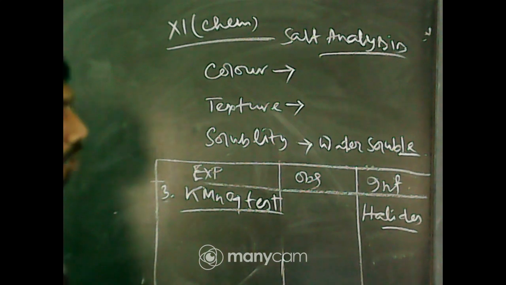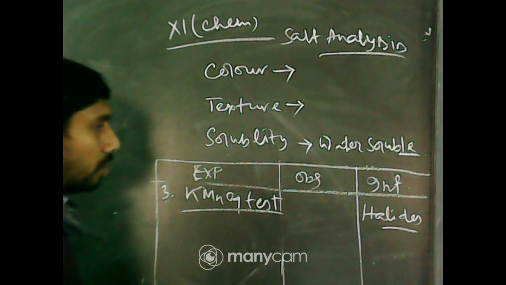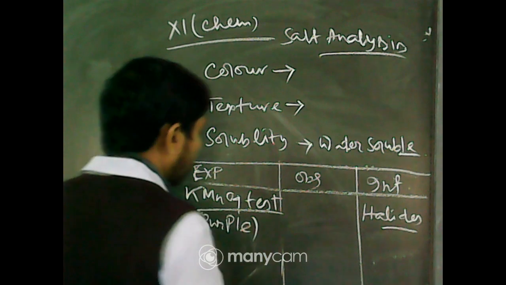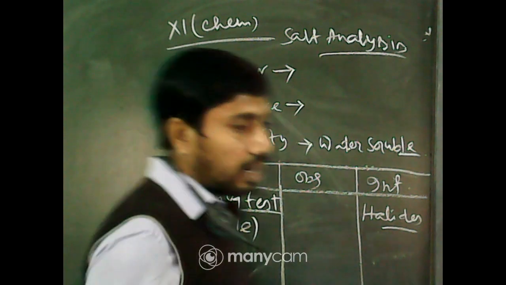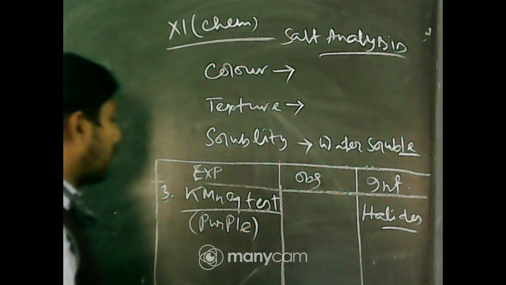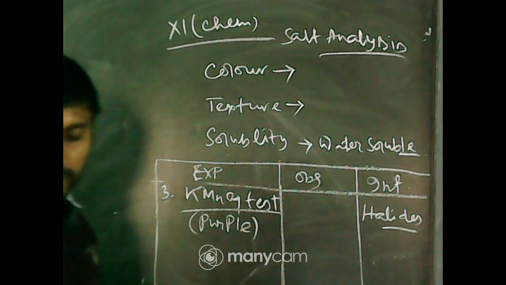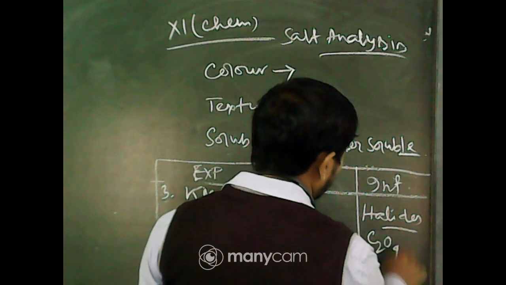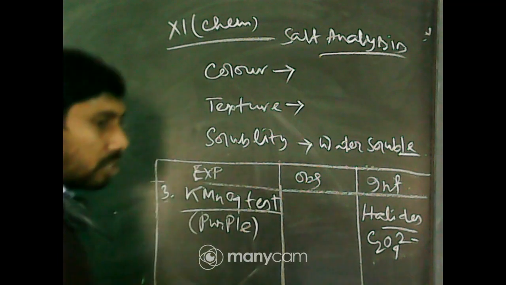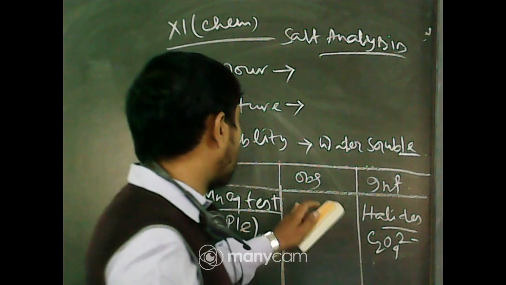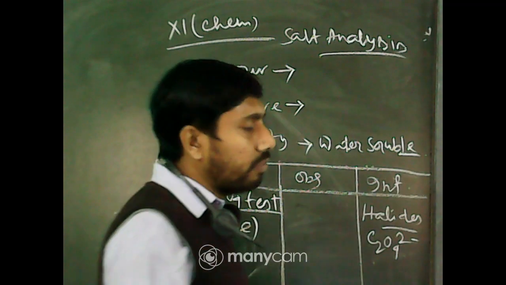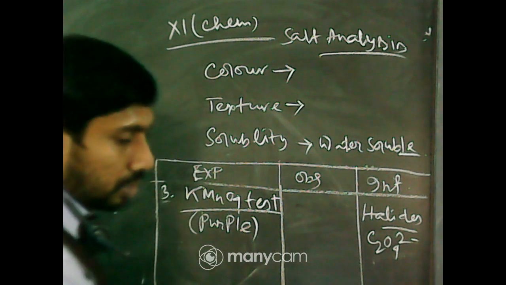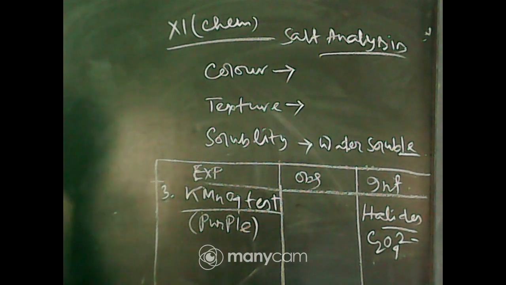KMnO4 is a purple color, so this will decolorize it. In that way, we can do the test. This is also for halides and also for oxalate, C2O4 2-. If we do not find any characteristic observation, then in the inference we will write that the halides and the oxalates are absent. This is the KMnO4 test.